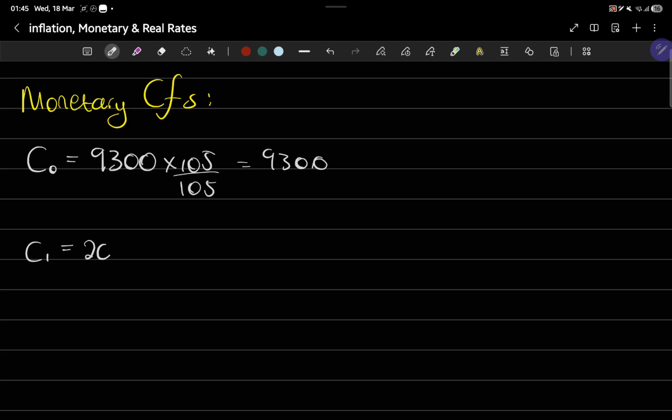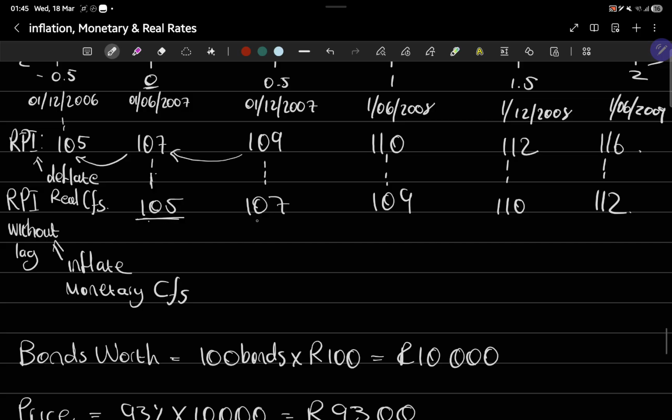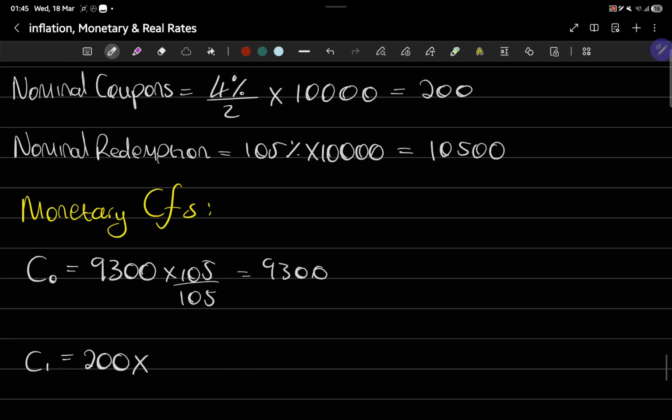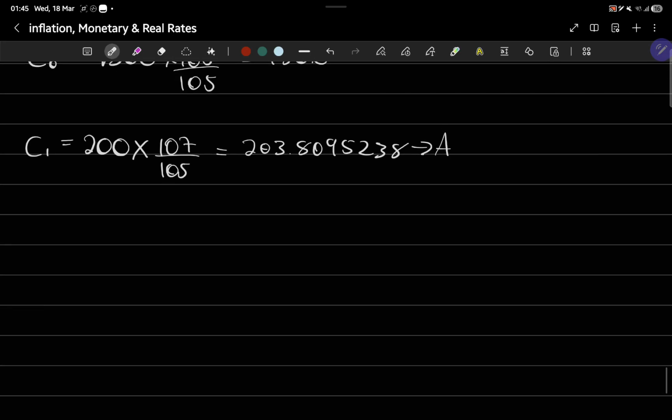And then at C1 we'll have 200 times, remember we inflate using the ones without lag, so times 107 over 105. That gives 203.8095238, which we'll store as A, and we will do the same for all of them.